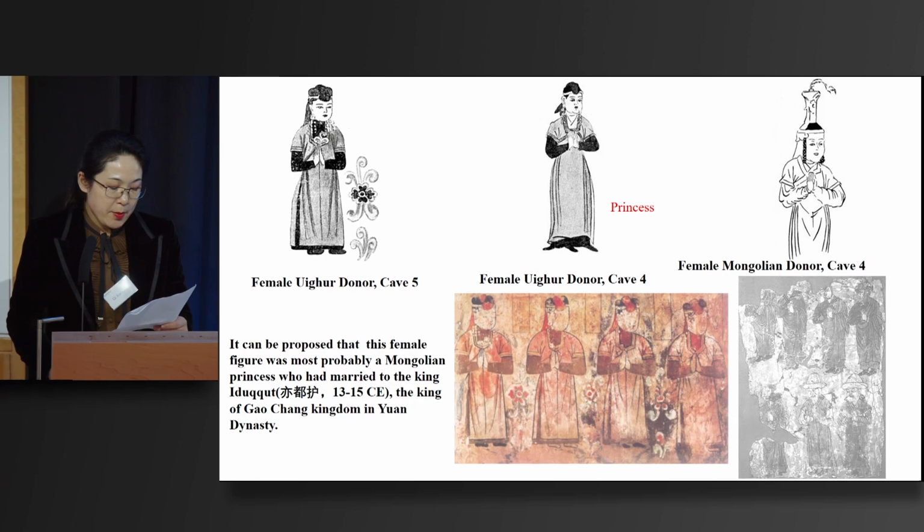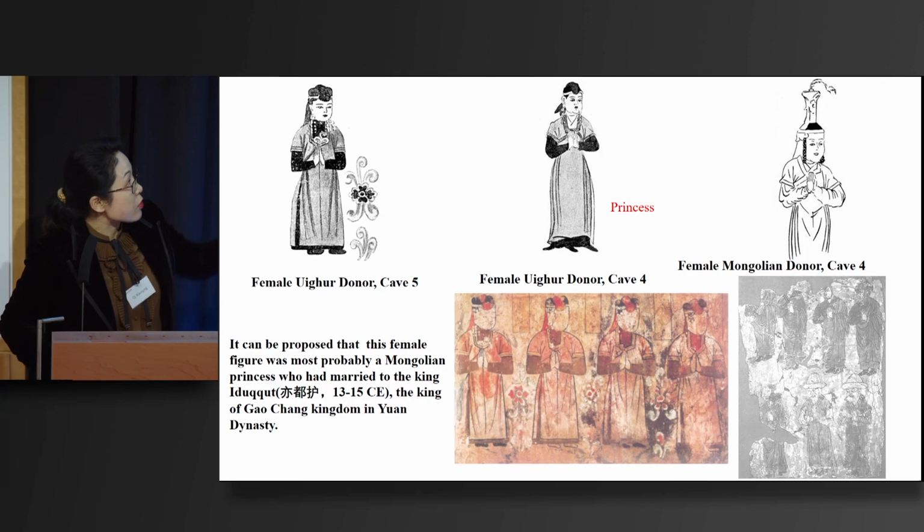We can see a female donor on the right side wall of the entrance in the antechamber of Cave 5 in Xiaotargo Grotto wearing a Uyghur costume, the first one we can see.